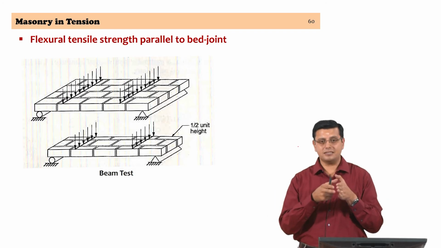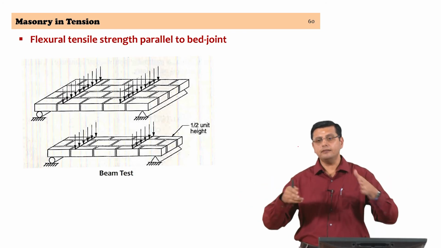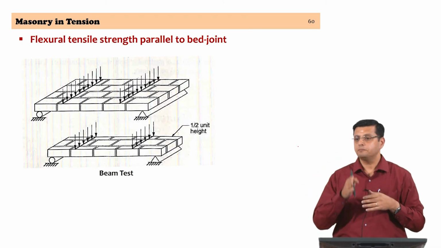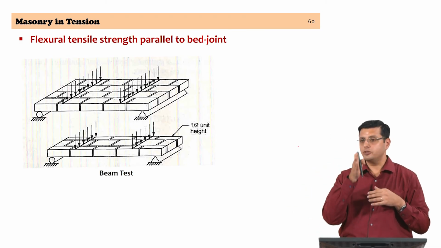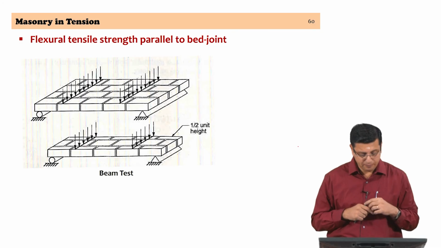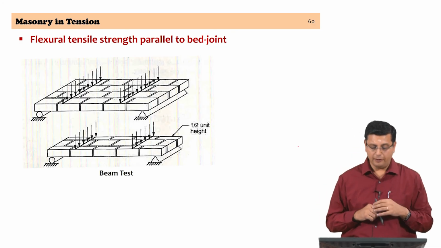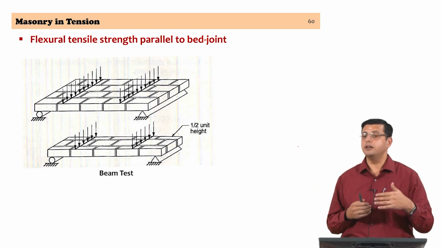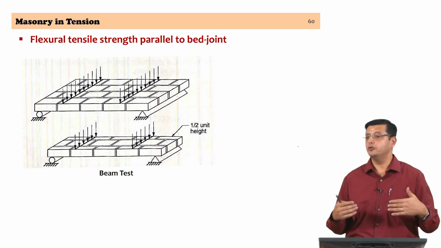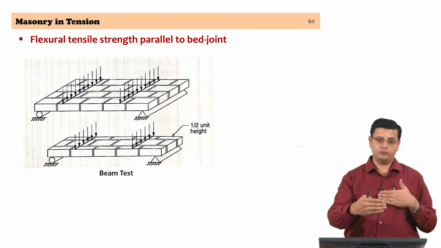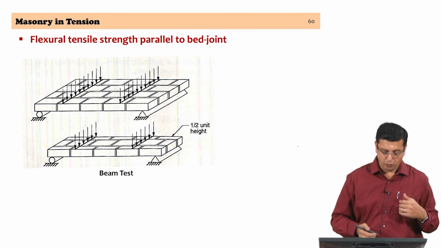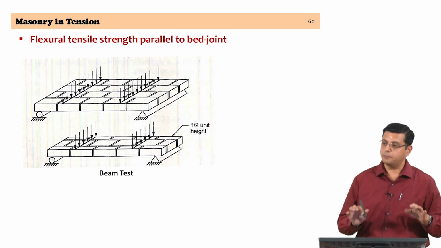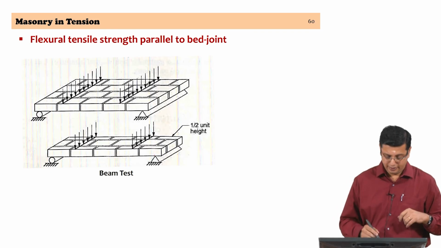A beam is just a stack of bricks subjected to bending, and you get tension acting on the bed joint normal to the joint itself. But in the modified test, in the flexural tensile strength parallel to the bed joint test, you do not use a single stack of bricks, but you use a small wallet. You make a small wall, referred to as a wallet, and you can then subject it to 2-point bending test as we had seen earlier.